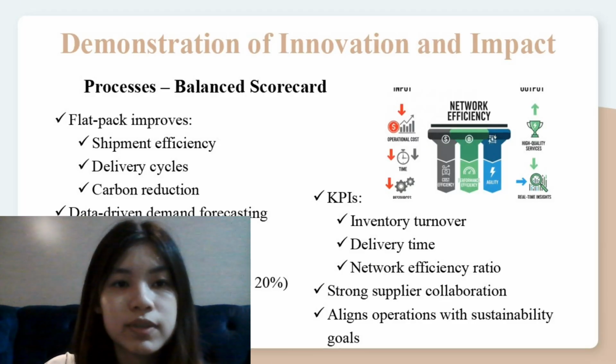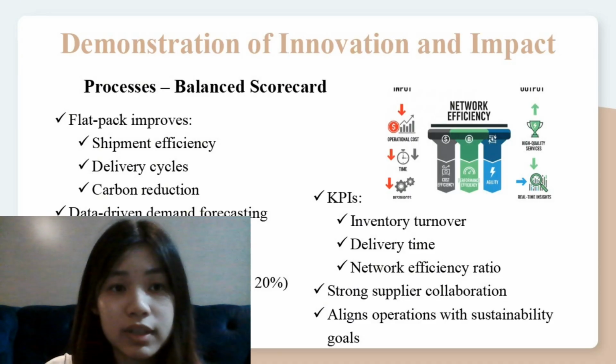Strong collaboration with suppliers ensures operations are aligned with sustainability and business goals. Through these processes, IKEA links day-to-day operations with strategic objectives, demonstrating how the Balanced Scorecard transforms management accounting into a tool for operational excellence and environmental responsibility.